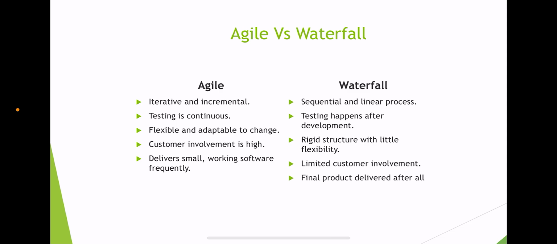In Agile, customer involvement is higher, but because of fixed requirements in Waterfall, there is limited customer involvement. Also, in Agile, deliveries are small and working software is delivered frequently, while in Waterfall the final product is delivered with all of the functionalities. In Agile, we deliver in the form of chunks.